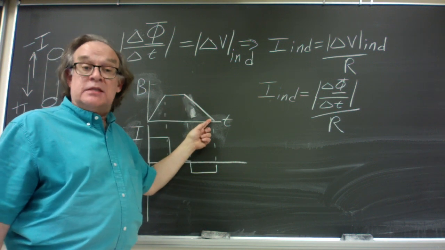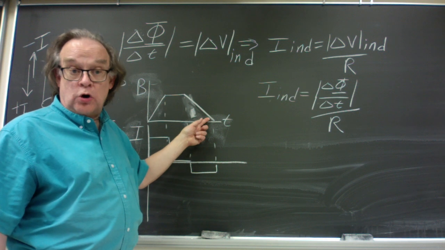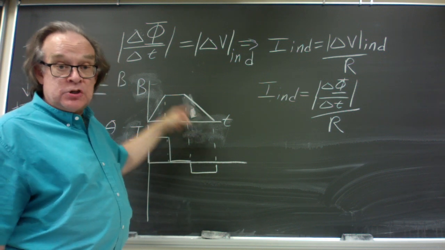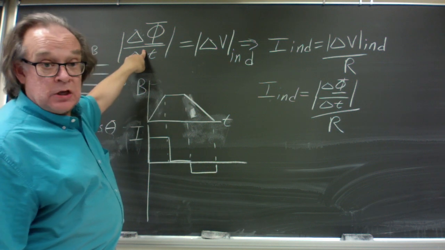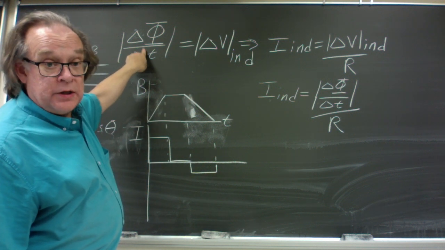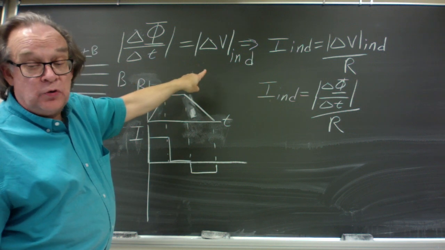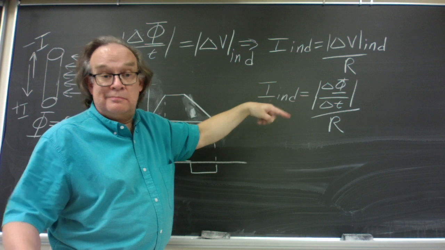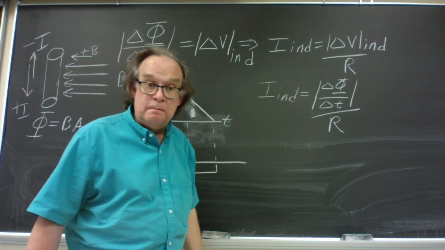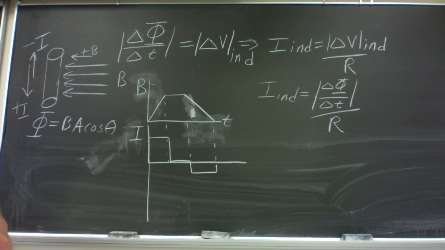This is a less steep slope than this, indicating a slower rate of change. So now, during this time, it's changing at a slower rate. In other words, this number is smaller. So the induced voltage is smaller. So the induced current has to be smaller. Okay.